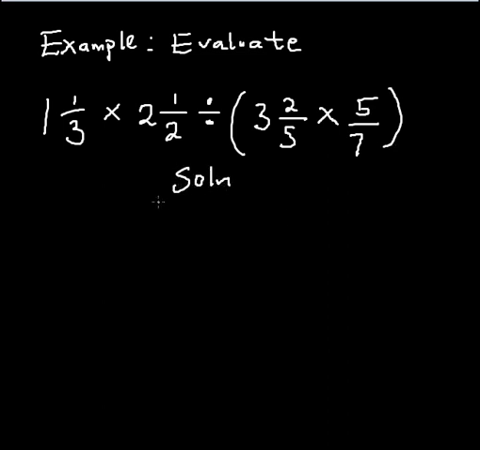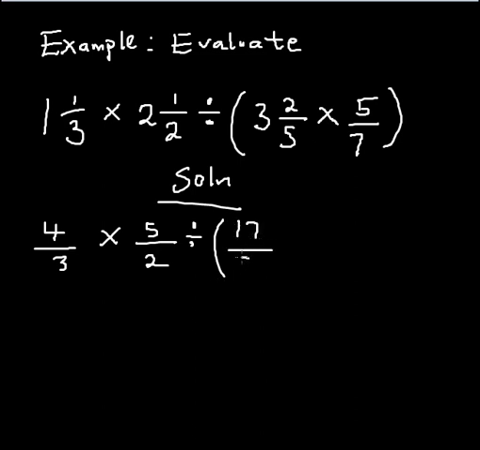Solution. Converting, this is going to be 4 all over 3, then if I convert this, that's 5 all over 2, then divided by bracket open. If I convert this, it's going to be 17 all over 5, then times 5 all over 7.